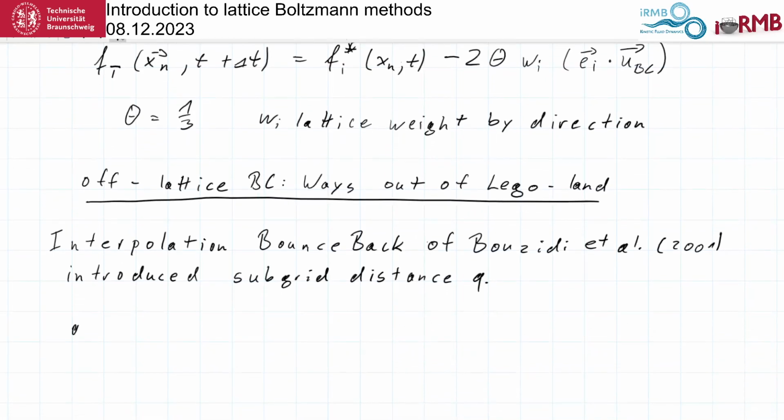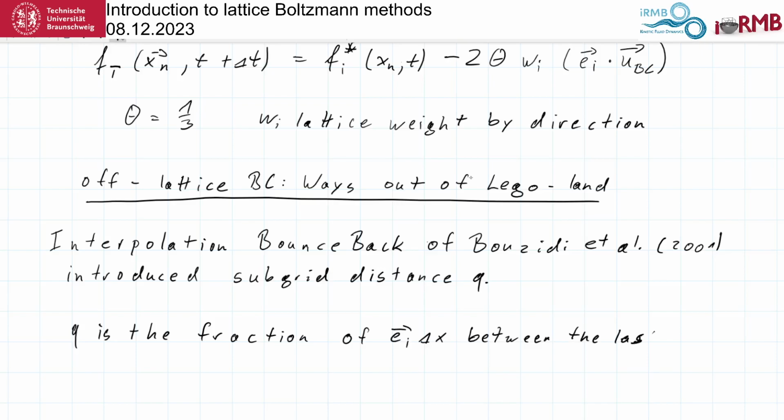So q is the fraction of delta x between the last grid node and the boundary, or the wall.